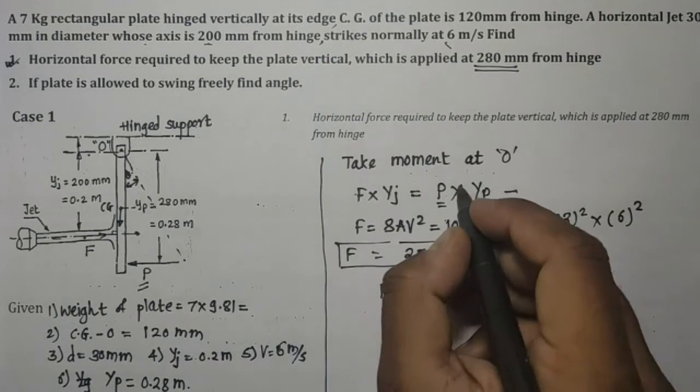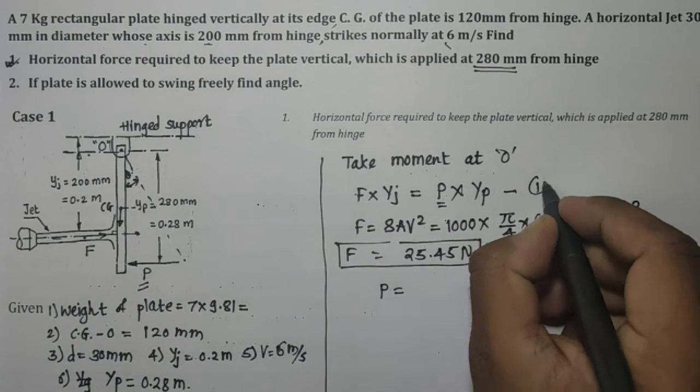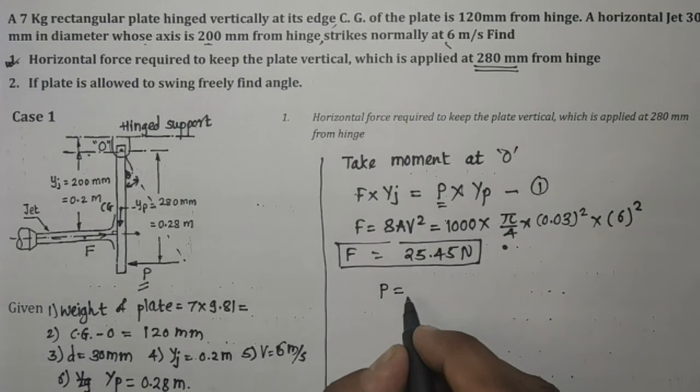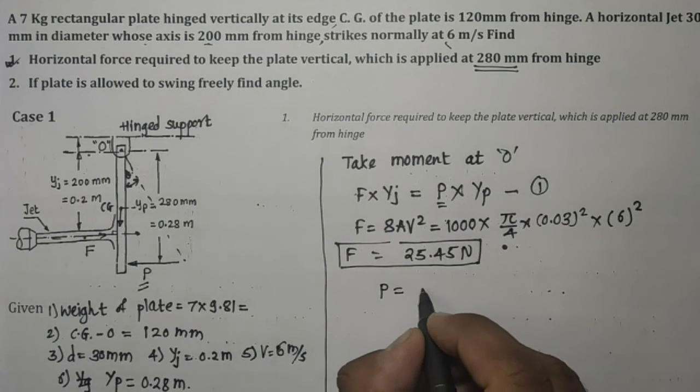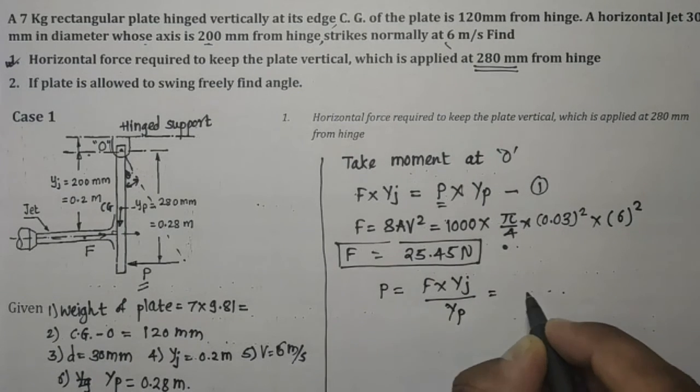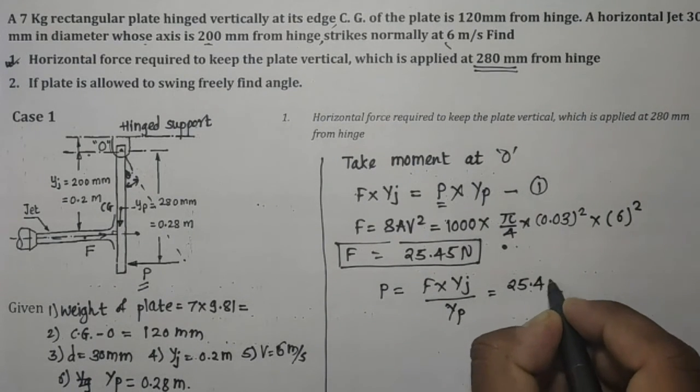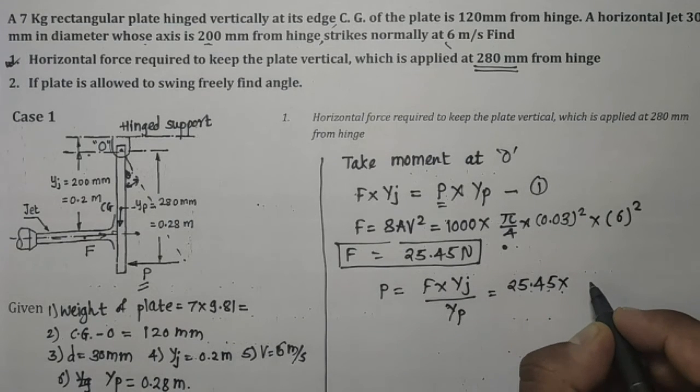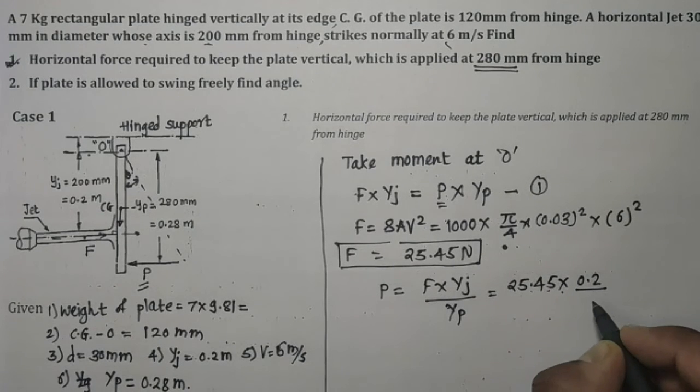Now we put these values in the equation. We rearrange equation 1 in terms of force P. So P is equal to F into Yj divided by Yp. So it will be 25.45 into Yj, which is 0.2, divided by Yp, which is 0.28.